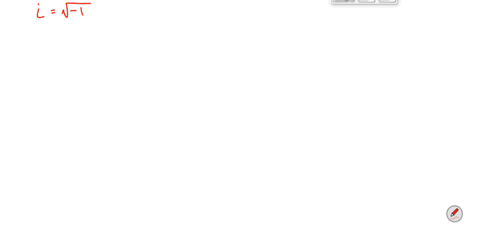We can also say that's i to the first, which is the square root of -1. Remember, anything to the 0 is equal to 1, so i to the 0 is equal to 1.